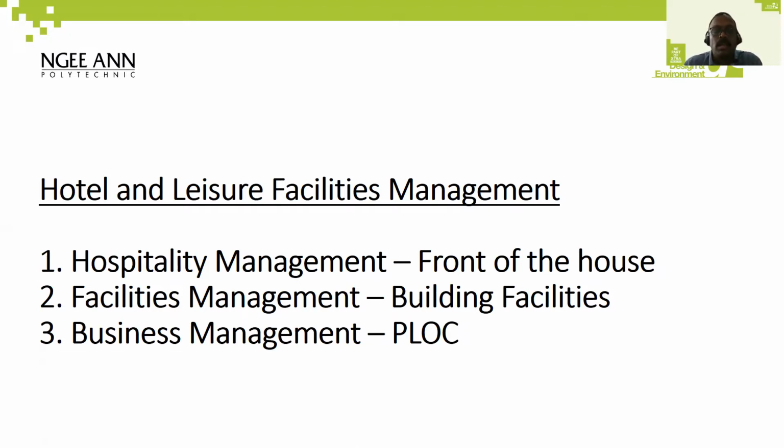And in the third focus area, students will be learning about business management, where they'll learn about planning, leading, organizing, and controlling businesses to achieve profitability and also to take care of the well-being of the people under their charge.